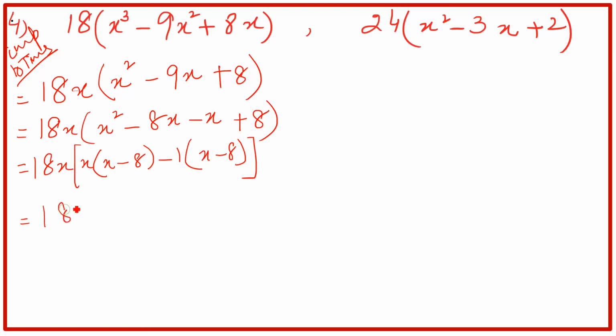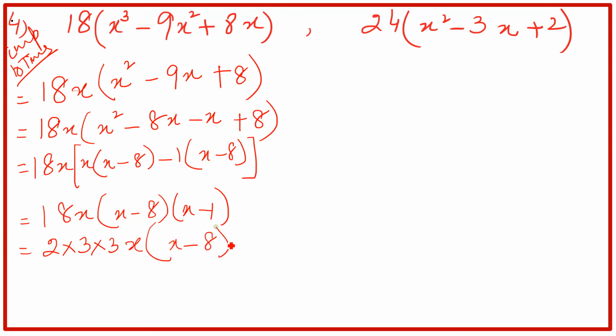So here 18x x minus 8 multiplied by x minus 1. If we make the factorization of 18 it is 3 times 6, 6 3 times 18, and this x will remain here, x minus 1. So this is the factorization of the first part.